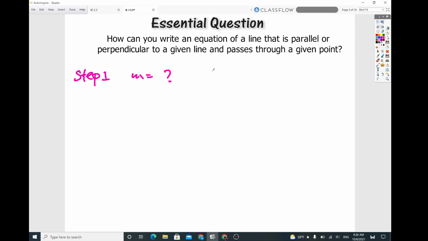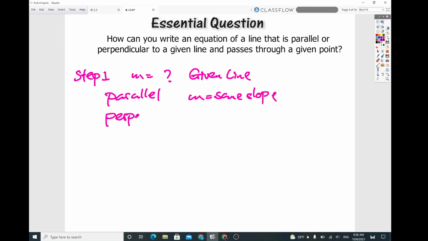So once you get the slope of the given line, and guess what? If that's parallel, that means we're using the exact same slope. If the lines must be perpendicular, that means we're using the negative reciprocal slope. So negative reciprocal.